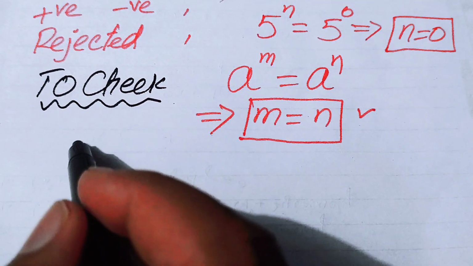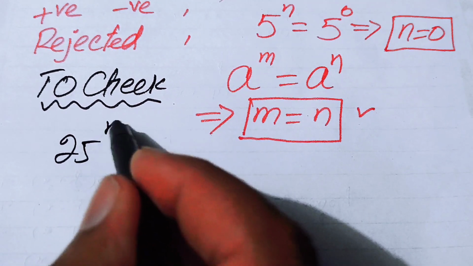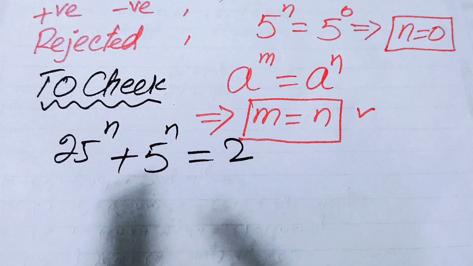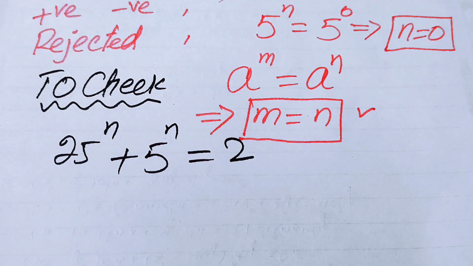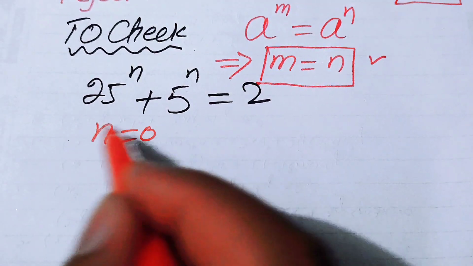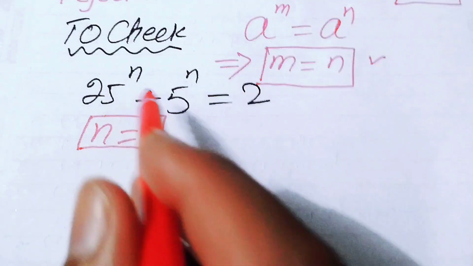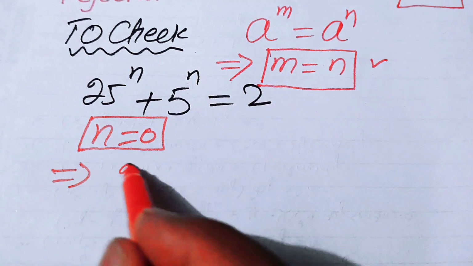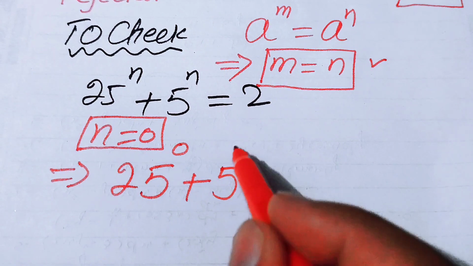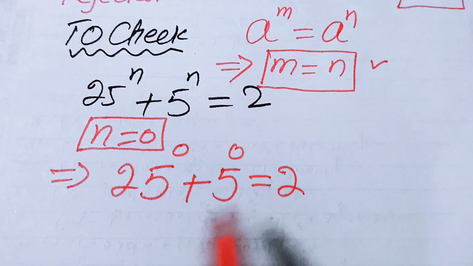The given equation is 25 to the power of n plus 5 to the power of n is equal to 2, and now we put n is equal to 0 in order to check, so this equation becomes 25 to the power of 0 plus 5 to the power of 0 is equal to 2.